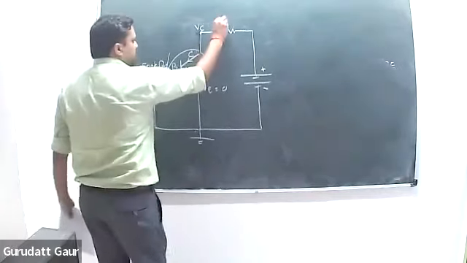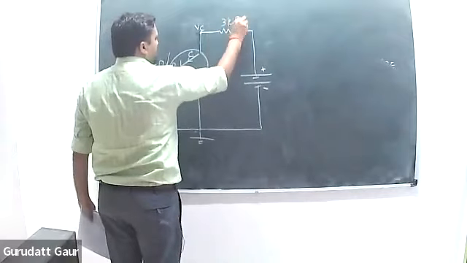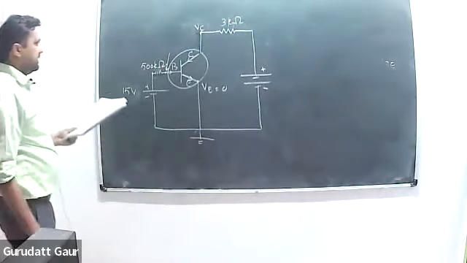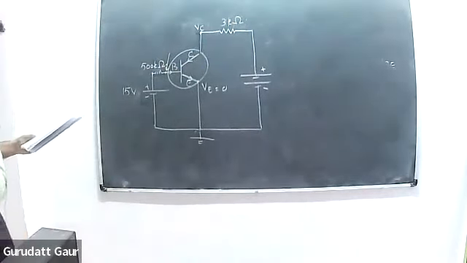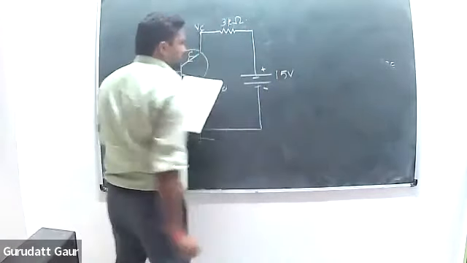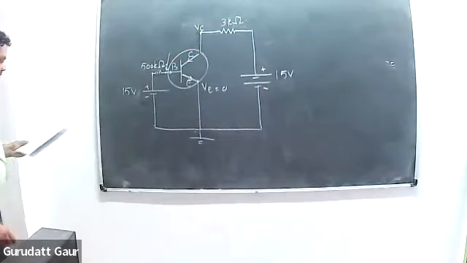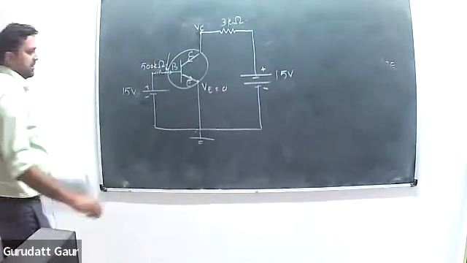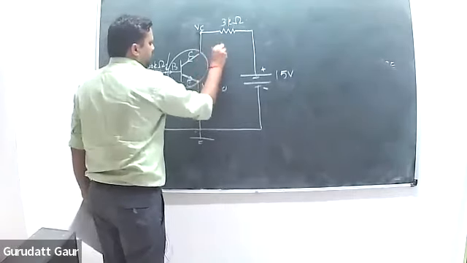This is smaller, 3 kilo ohm, smaller than the base resistance. This is 15 volt. You do not want to go beyond 15 volt, right? Because then you will get a cutoff region and so on. And this transistor has beta is equal to 100.